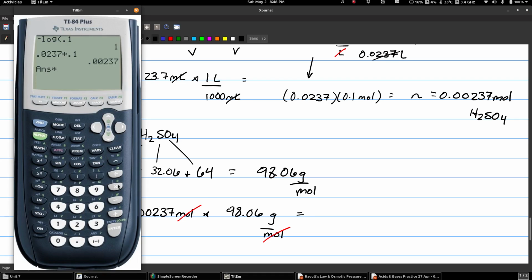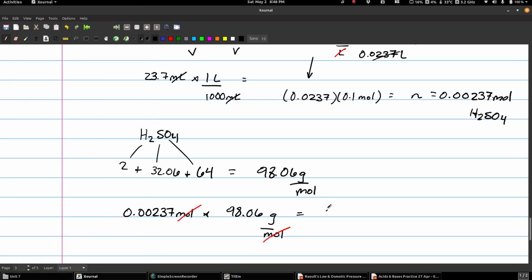When it says answer, it's because it's using this, which is what I wrote down. Just trying to save time. So we would have 0.232 grams of sulfuric acid. And that would be your final answer.